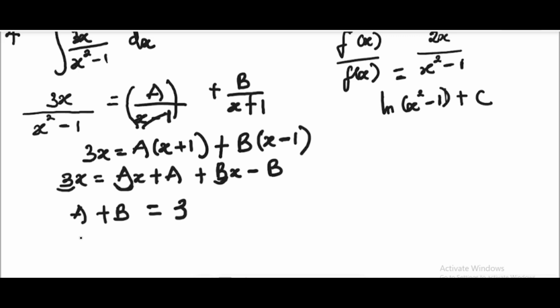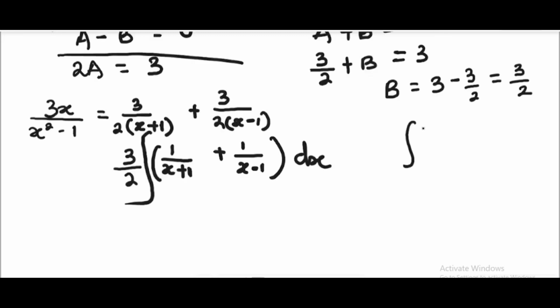Now remember we are integrating, so let's sneak in our integral sign with respect to x. So what happens? One of the fundamental facts of integration is that if I have 1 over x plus 1, the integral of this is simply ln, that's the natural log, of x plus 1, right?